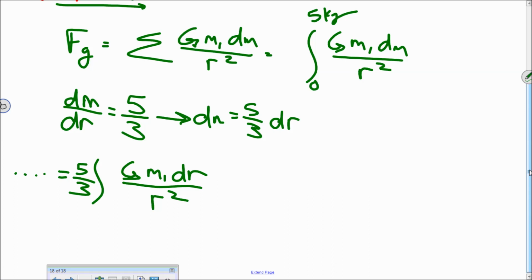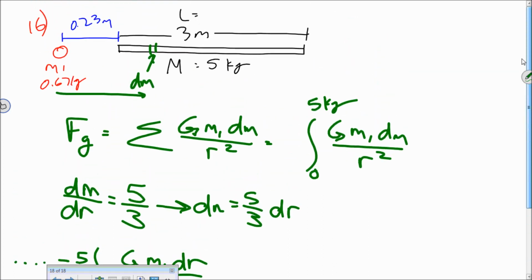All right, so are we okay up to here? All right. So is my integral still between 0 and 5? No. Now I'm integrating with respect to my radius, right? So at what radius does my mass equal 0? 0.23, right?